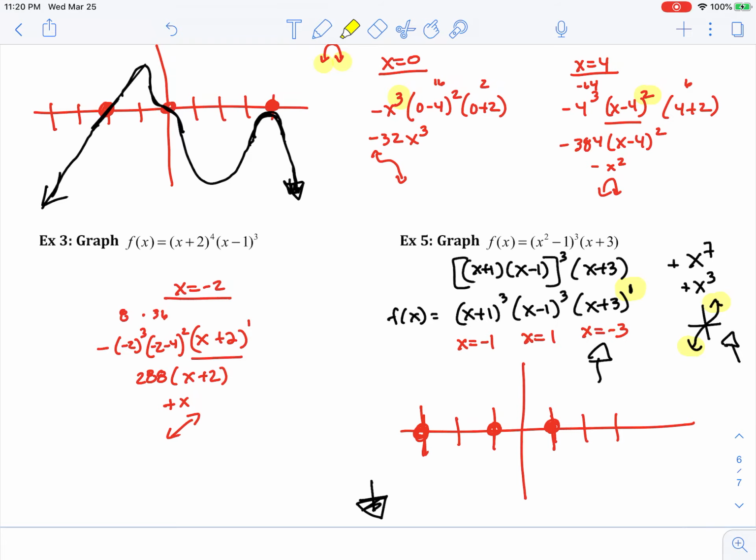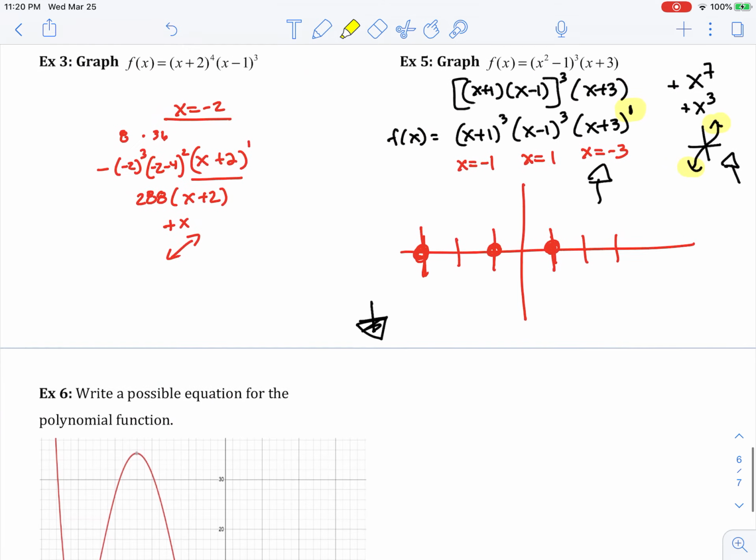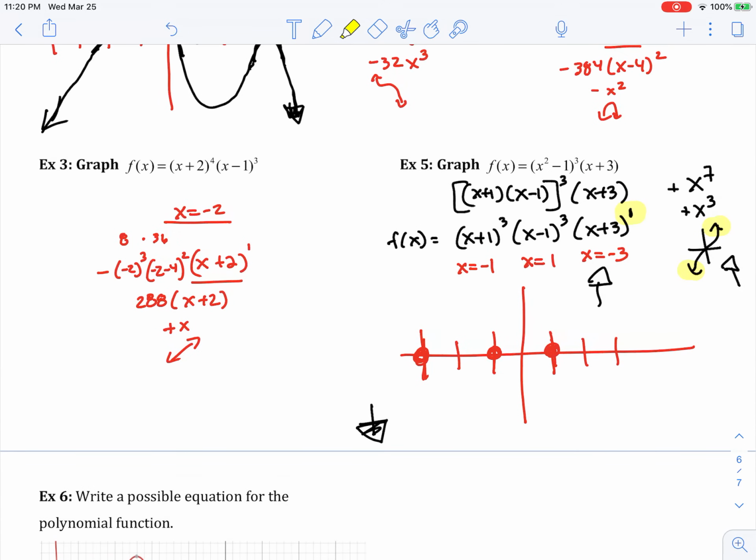And because of my overall behavior of that positive x cubed, my line would have to be a positive slope line in order for this graph to be coming down over here. And for my x equal to -1 x-intercept, which is being raised to the 3rd power, my graph would have to be taking on an x cubed shape, and it would have to be a reflected x cubed shape in order for these two pieces to connect, and there cannot be any other x-intercept.